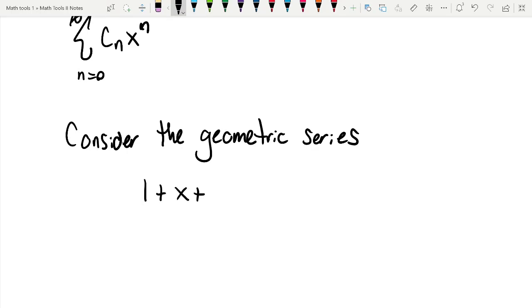1 plus x plus x squared plus x cubed, okay, which is going to be equal to just the sum from n equals 0 to infinity of x to the n.